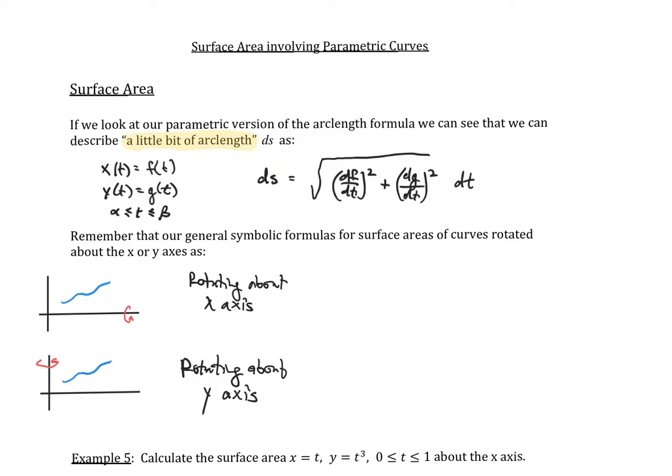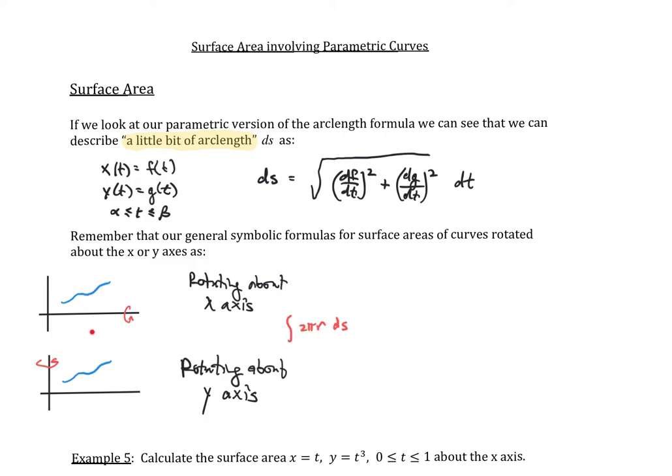And I want to remind you that when we're talking about surface area, these both come from the same equation. So what's that equation? That equation for surface area was the integral of 2 pi r ds. Now, this 2 pi r was the circumference of the circle.